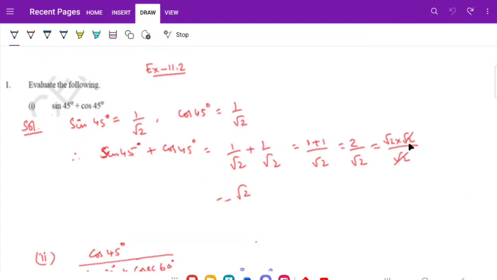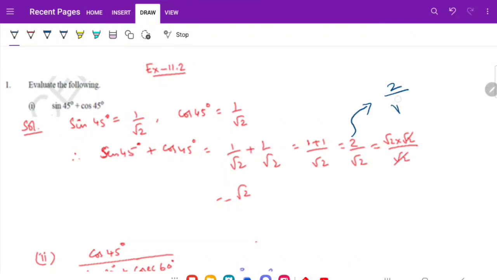Root 2 into root 2 is root 4, which means 2. So 2 can be written as root 2 into root 2 divided by root 2. So one root 2 cancels with the root 2 in the denominator, and we get root 2 as the answer.